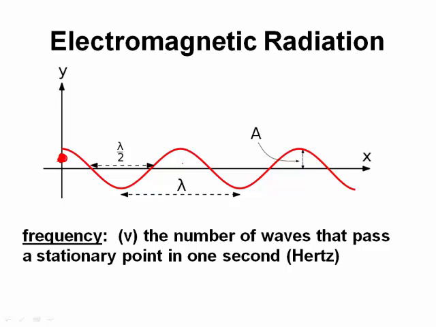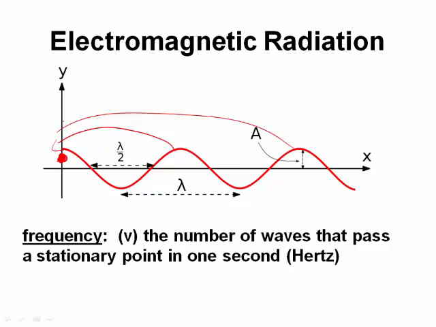So we would be looking for every wave that went through, and as we continue to keep seeing waves going through, we would need to have a certain time limit. So if we were counting them every second, how many waves went through in that particular second?